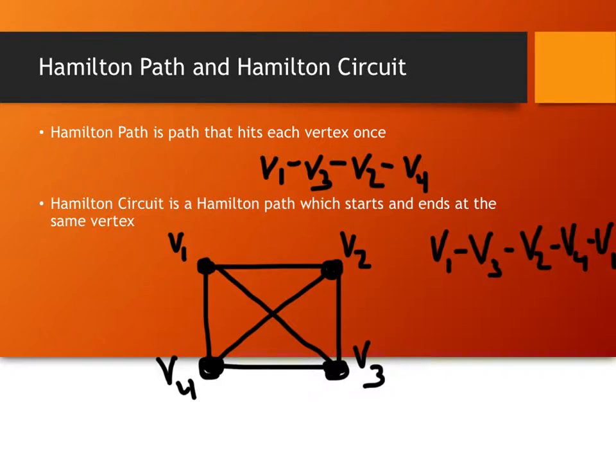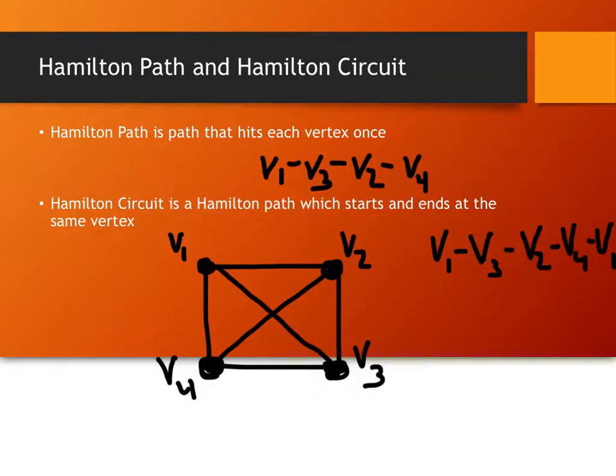All right. And notice that these are not unique. Obviously, in this case, there's a lot of different ways. I could have started at V1, hit all of the vertices, and came back to itself. You could have gone this way, this way, this way.